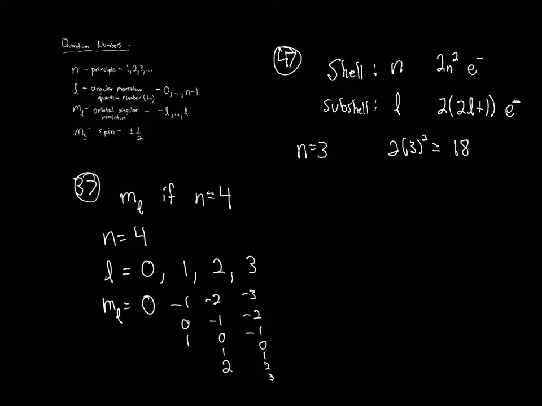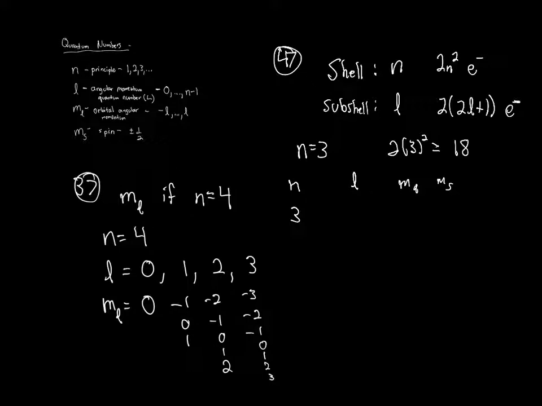All right. This gets nuts. I like to make a little table of n, l, m sub l, and m sub s. What is my n? My n is 3. They've told us that. What l's can I have?